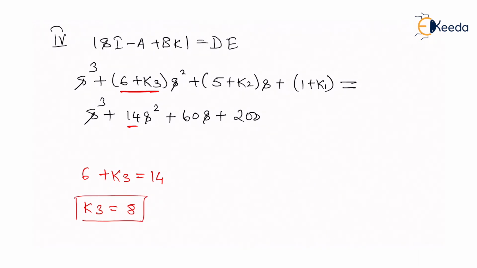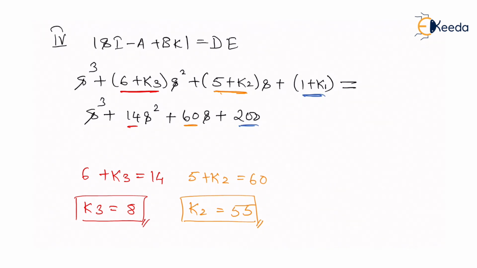Correct. Then compare the s coefficient with 60. So we get 5 + K2 is equal to 60. Therefore K2 is equal to 55. Mark it. Then equate the constant terms.